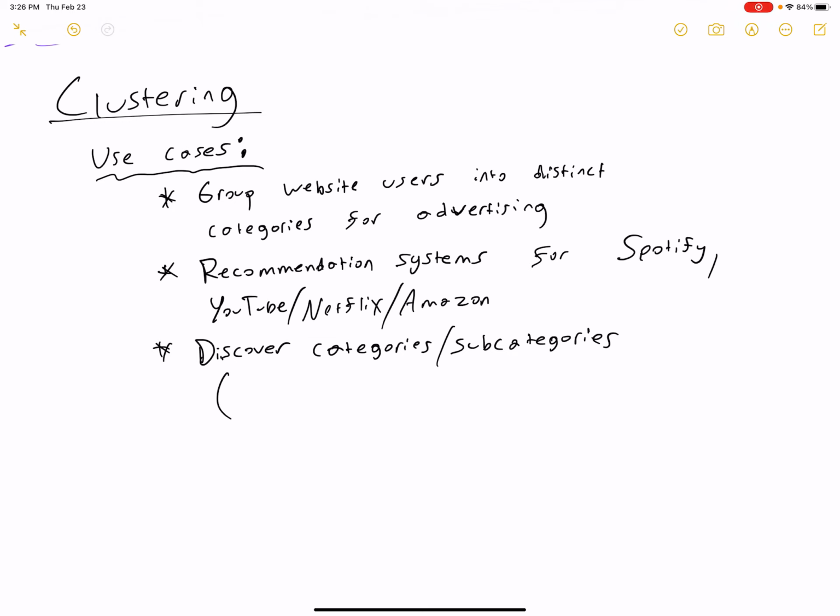So, for example, of diseases, you can look at the genetic expression or the phenotypes and automatically derive new subcategories of disease. Of species, and how do we derive these phylogenetic trees? We'll actually learn about a type of clustering that's really good at that today, etc. So you get the idea. It can be actually used for a lot of things, and it is used for a lot of things.